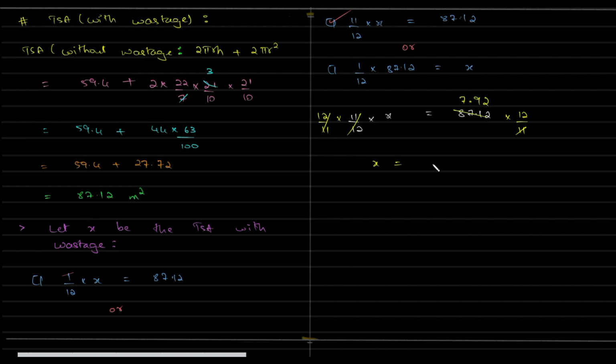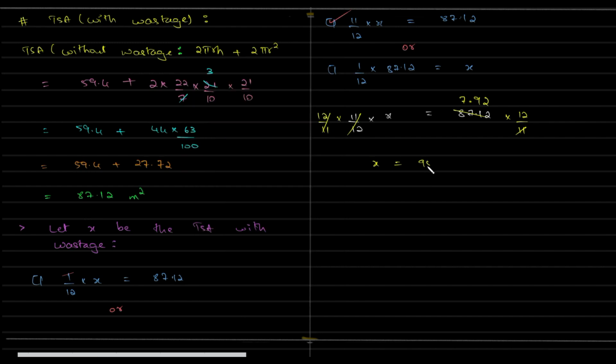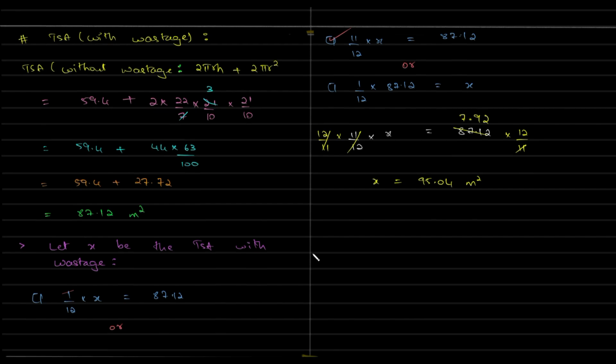And this is pure calculation again, which I won't do. 12 into 7.92 is equal to 95.04 meter square.